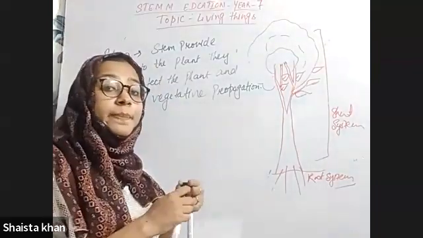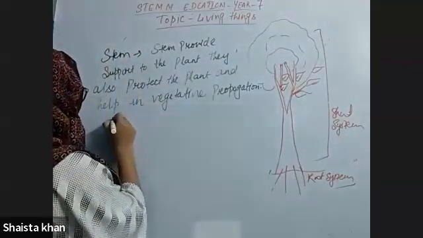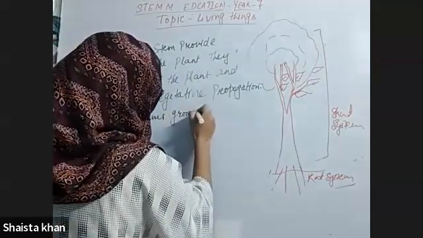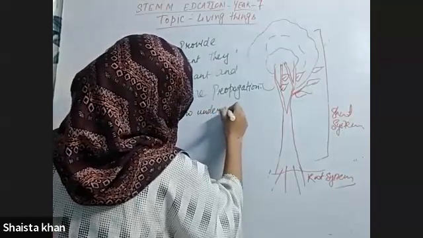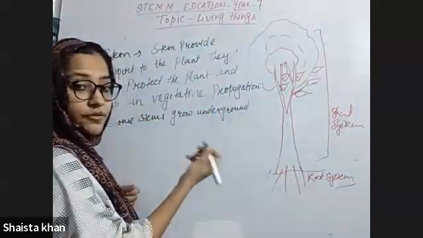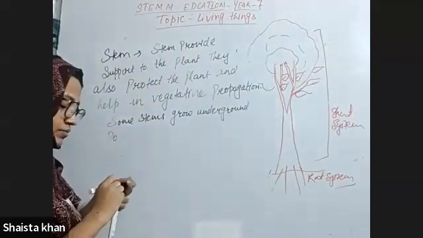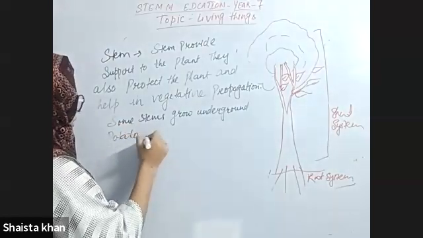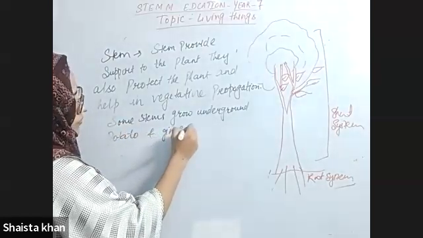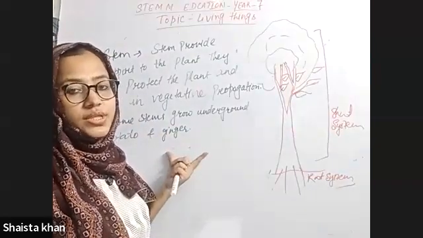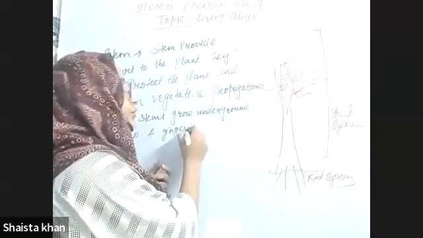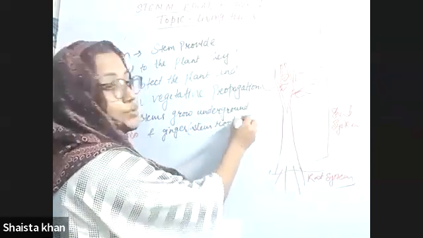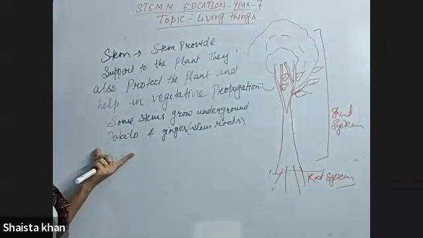For example, potato and ginger are examples of underground stems. Fine. So they grow underground.